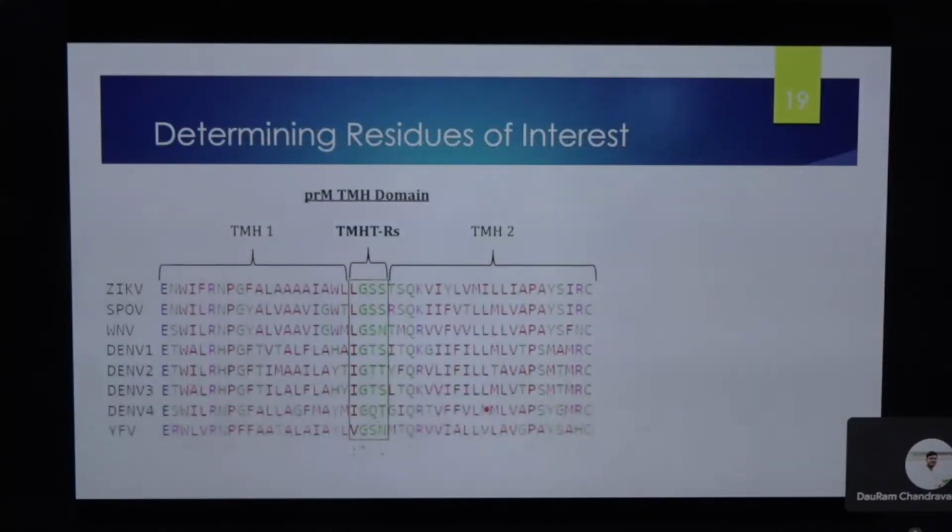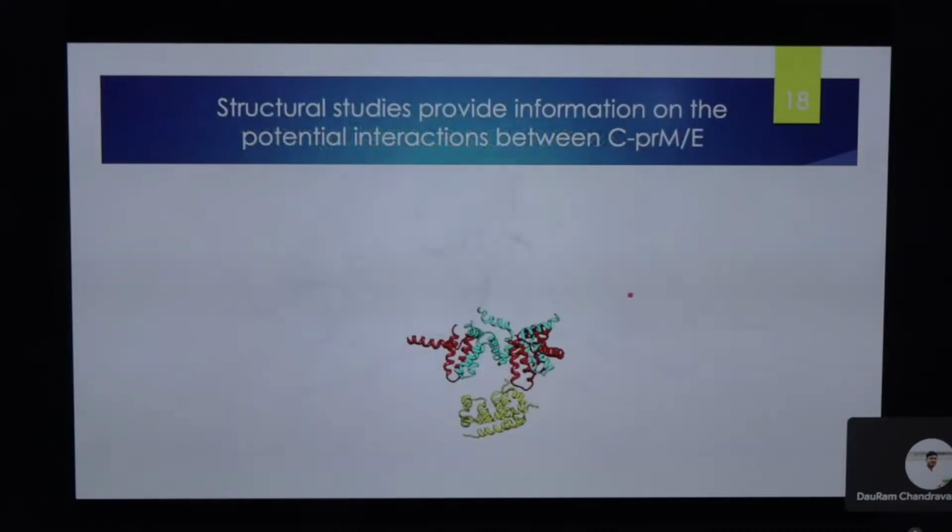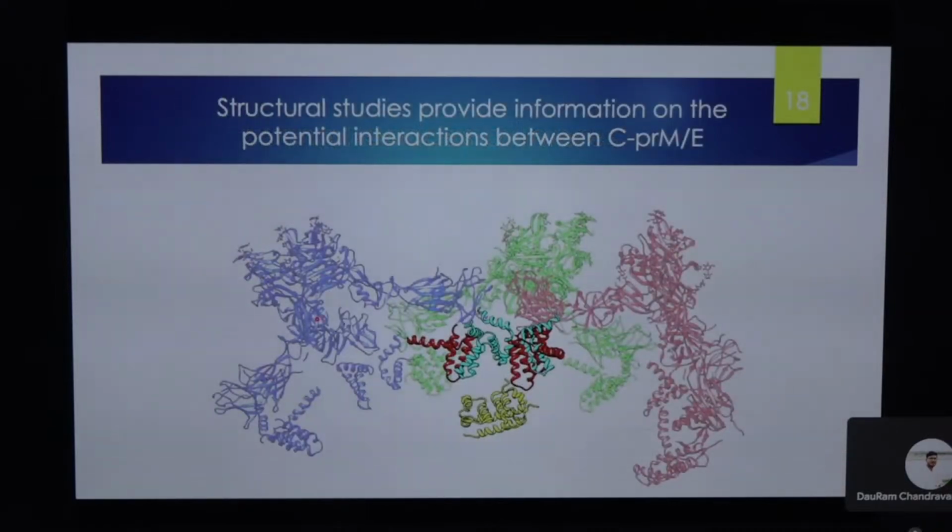And taking a closer look, what we can see is that within the PrM protein, so right here is just the transmembrane helix, the anchor of the whole protein. I'm actually going to go back here. What we can see is that in these massive structures, you have E protein up here, PrM is shown here in blue, and the E transmembrane helices are shown in red. So we have two groups: a PrM protein and an E protein.